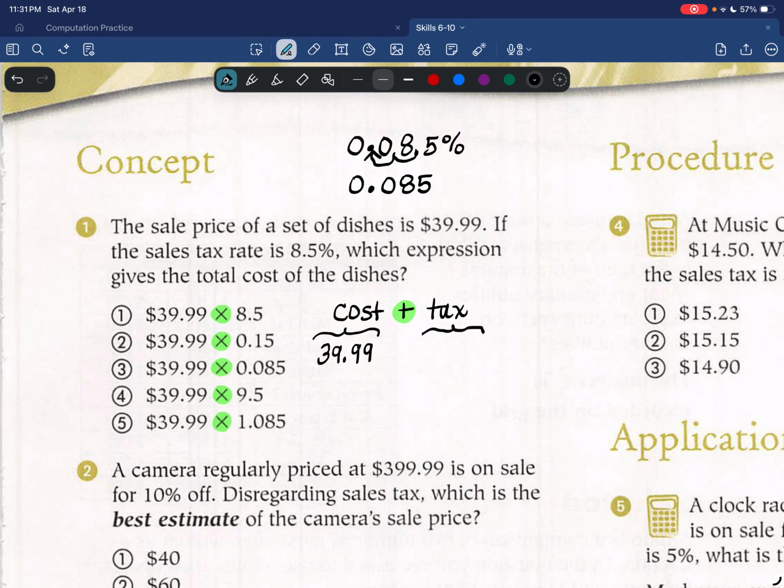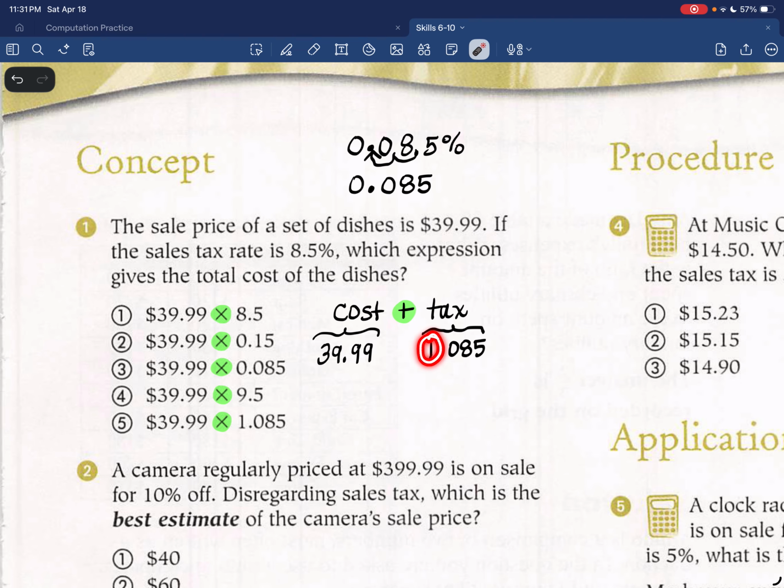All right. So tax would be for every dollar I spend, I'm paying this much tax. So for every dollar, this is the tax rate.